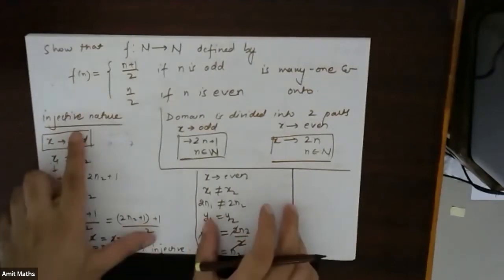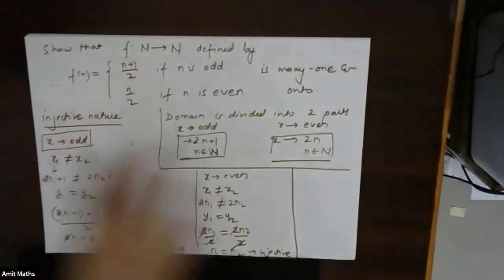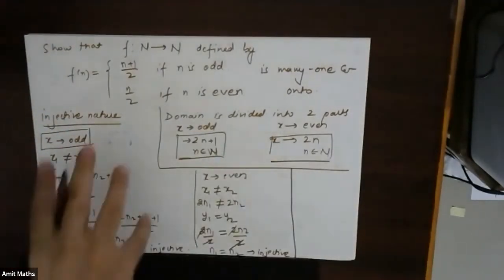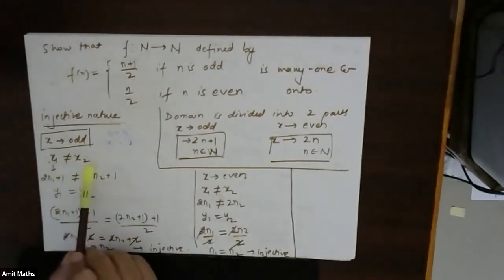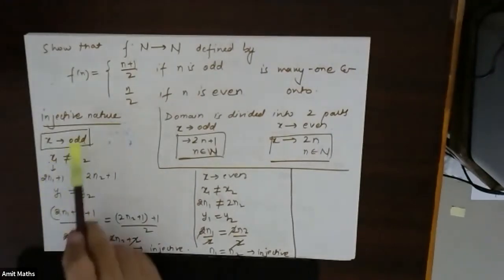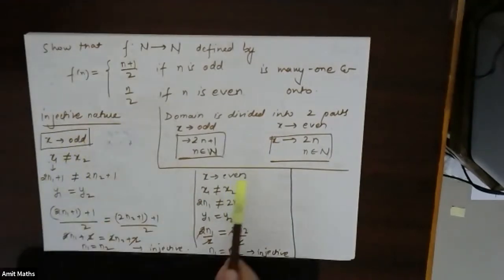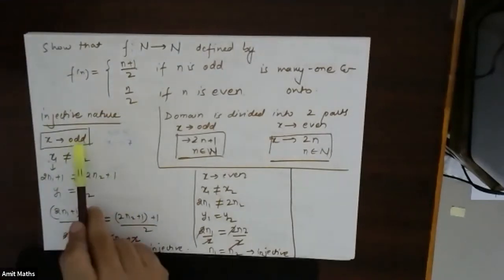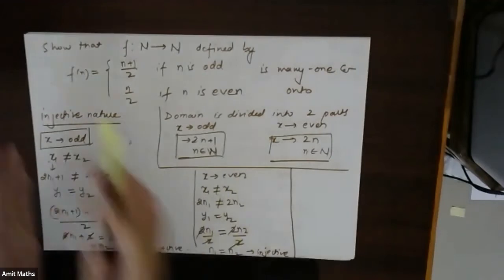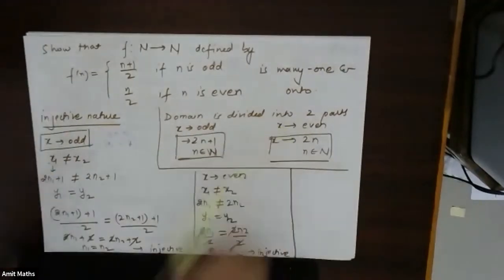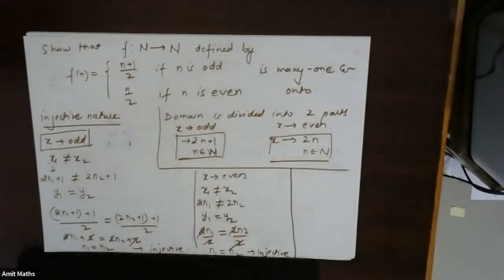Looking at these two first, what do they mean individually? Combined, they mean that if I take x1 and x2 and both are odd, or both are even, then whatever y I take, they will never be equal.